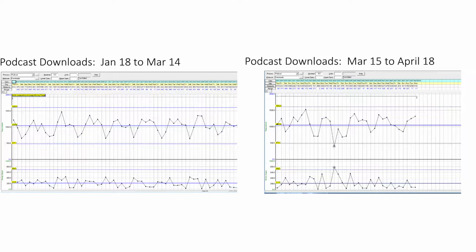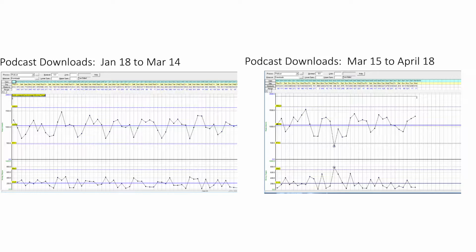And these are all positive numbers. It's the absolute value of the difference between the adjacent data values. Okay. And that moving range helps us to understand how much variation is in these data values, how much they're bouncing around.